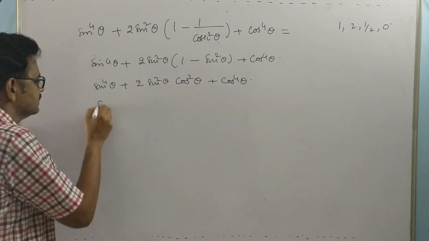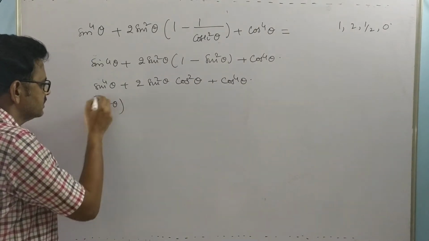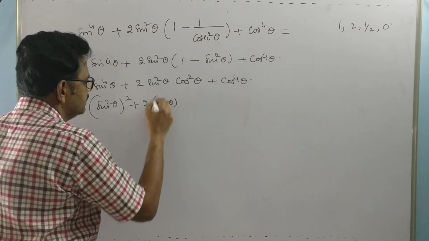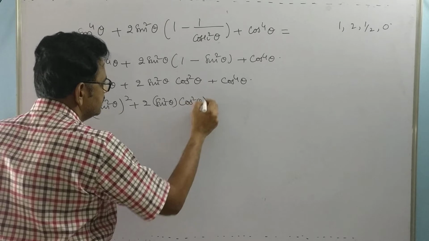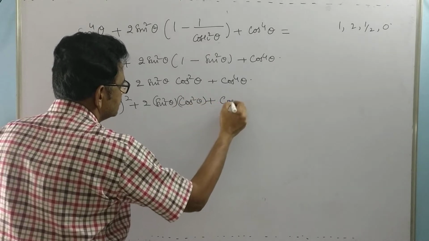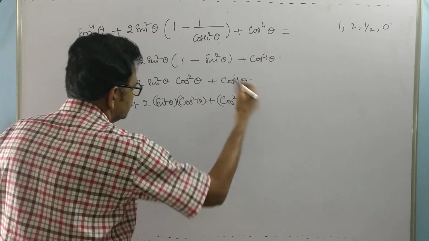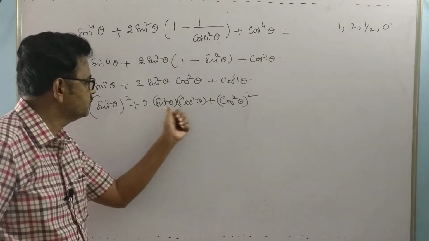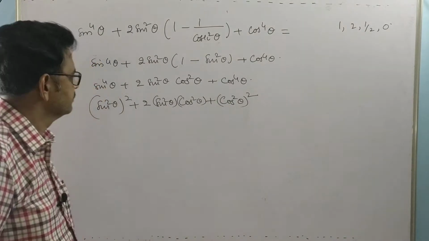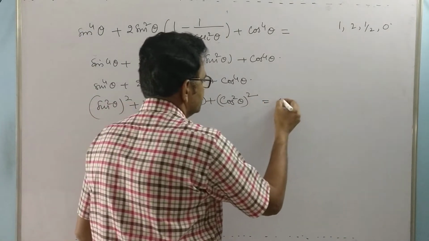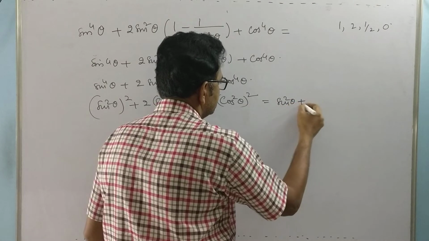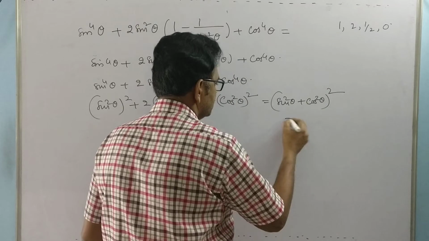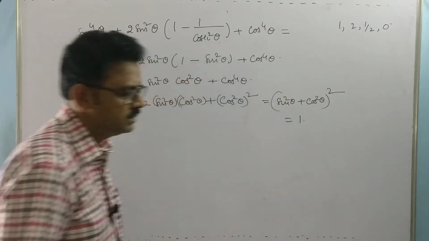So this is sin square theta whole square plus 2 into sin square theta into cos square theta plus cos square theta whole square. So this is a square plus 2ab plus b square form, that is equal to a plus b whole square. So this is sin square theta plus cos square theta whole square. That is equal to 1 square, which is 1.